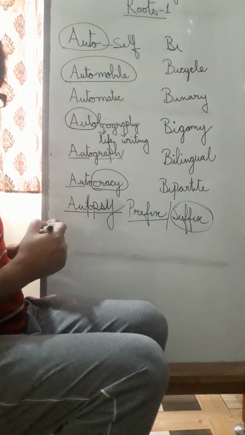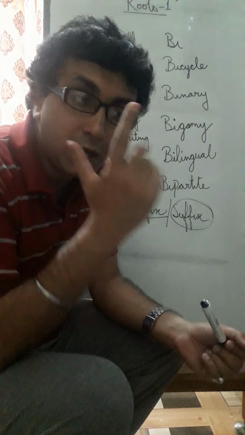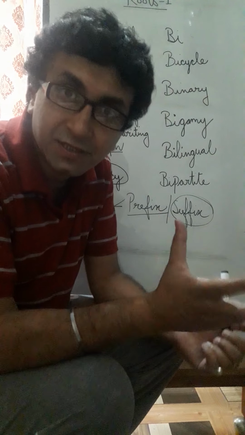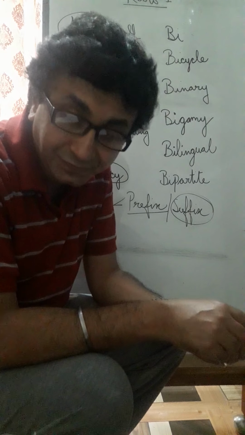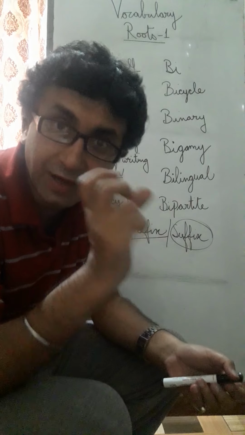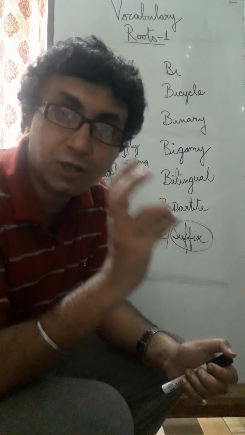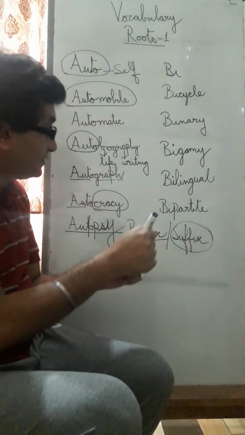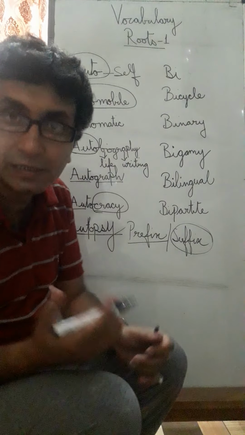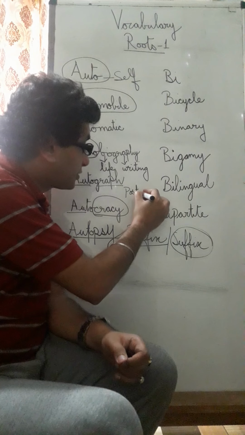So autopsy means, when a person dies in an accident or somebody commits a murder and he dies, that person is operated upon by the doctors to find the cause of his death. That's called an autopsy, which often in common parlance is referred to as post-mortem.